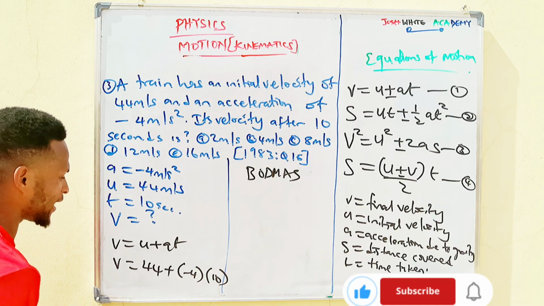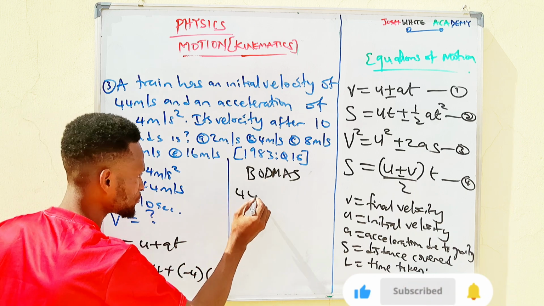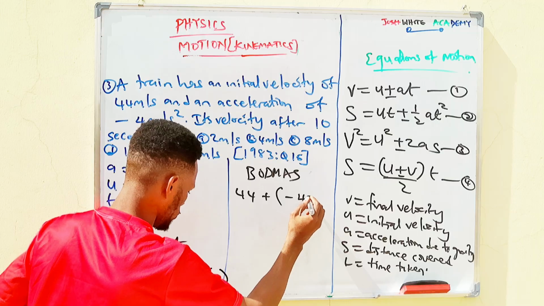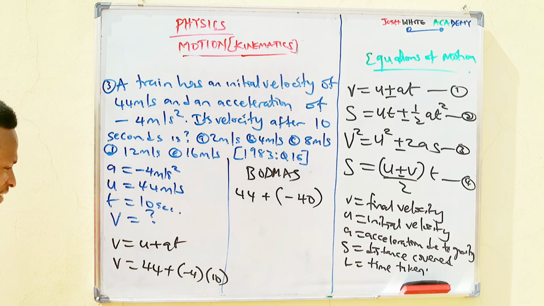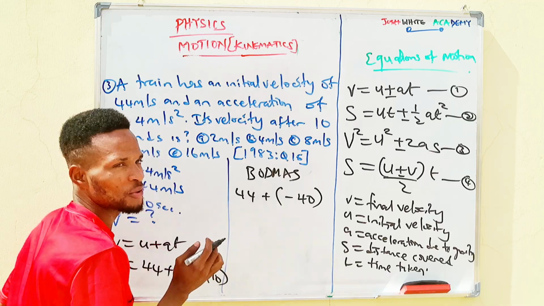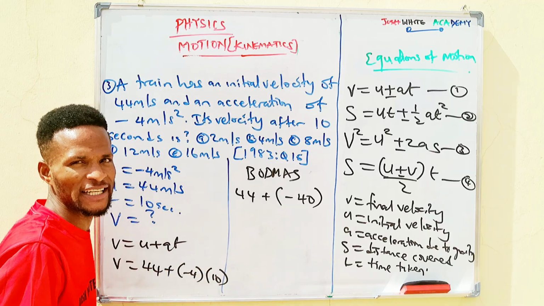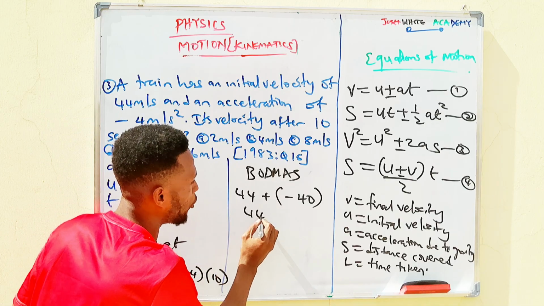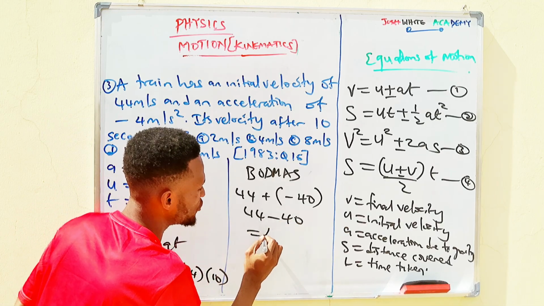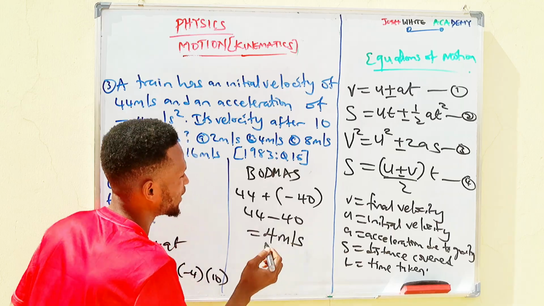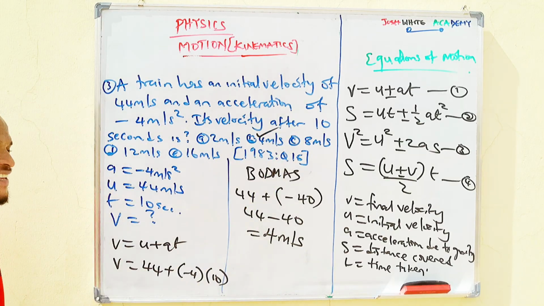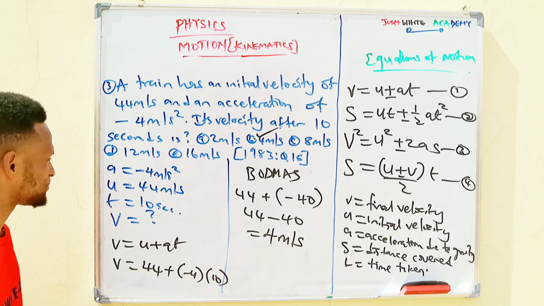So minus 4 times 10 will give you minus 40. You see it? So plus times minus is negative, because different signs give negative, whereas similar signs give positive. So that's 44 minus 40. This will give you 4 meters per second. That's what? B. You see it? Simple.